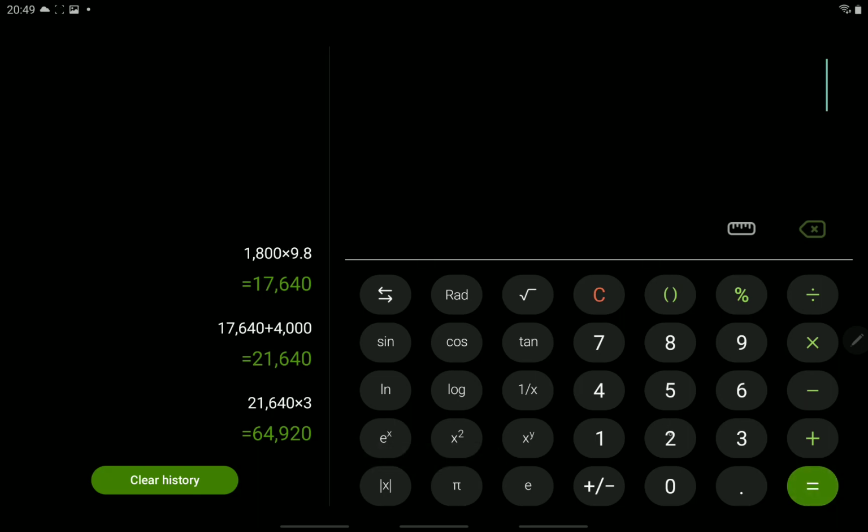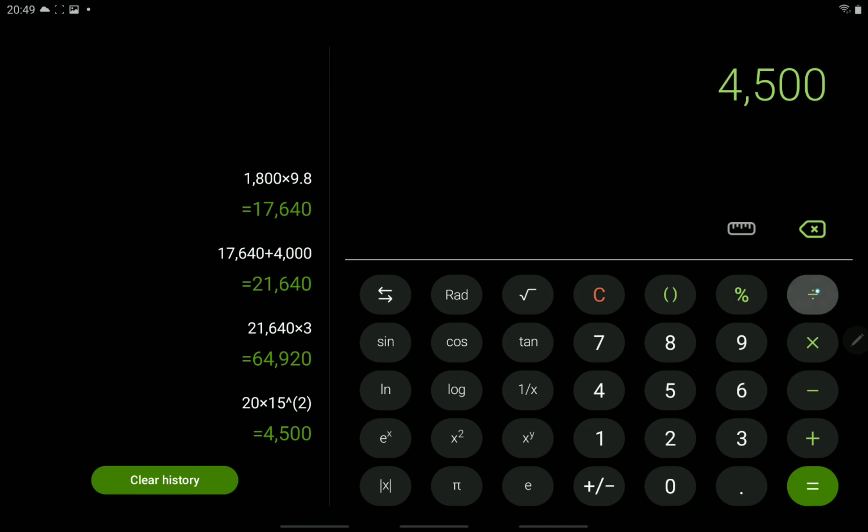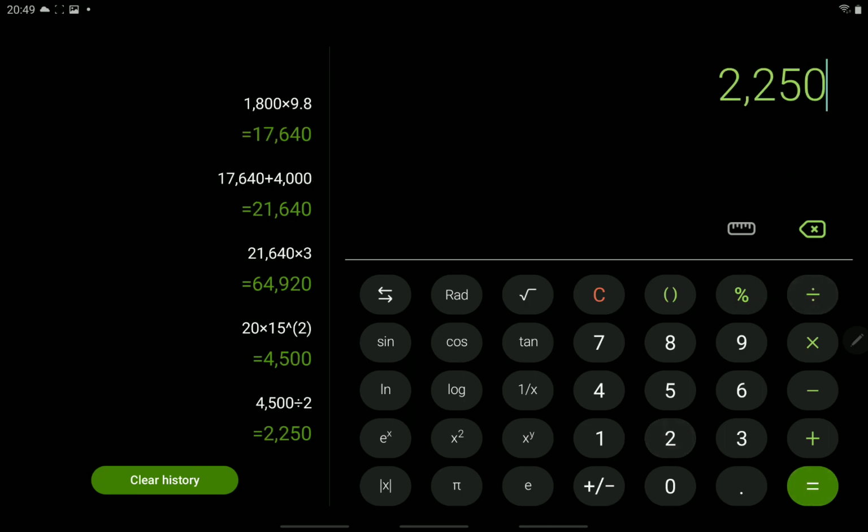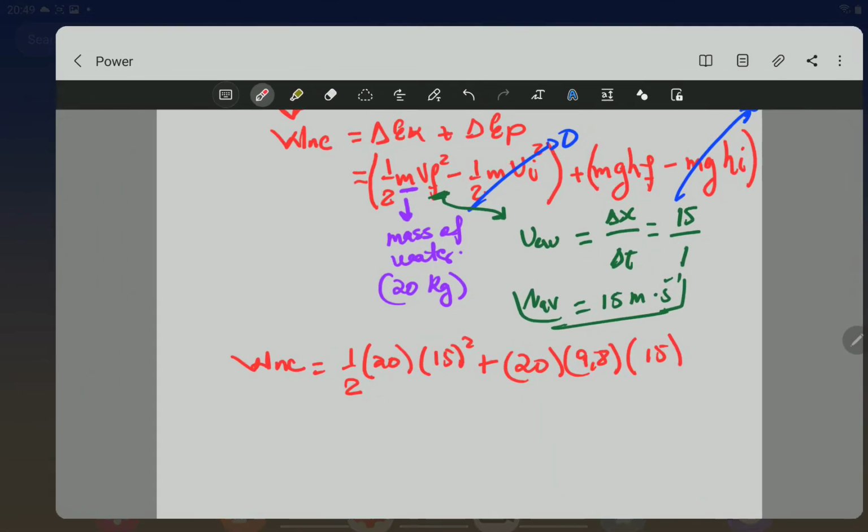So it's 20 times 15 to the power 2 divided by 2, which is 2250. Okay, that one will be right here.